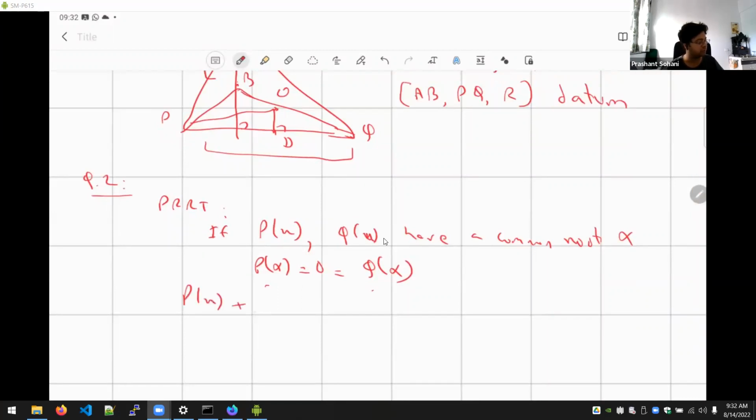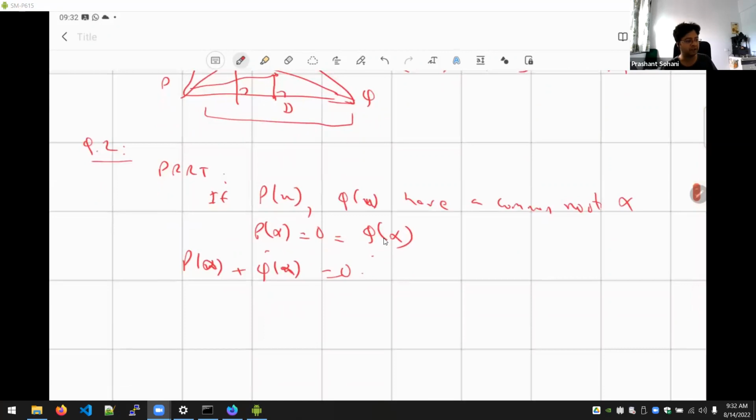So like Px plus Qx, Px minus Qx, or any other linear combination of these two will also have the same root, because here also P alpha plus Q alpha is going to be 0. And you have to exploit that fact to reduce the degree of the polynomial. So P of x was given to be a 4th degree polynomial, and Q of x was given to be a 3rd degree polynomial. So you want to eliminate the x raised to 4.